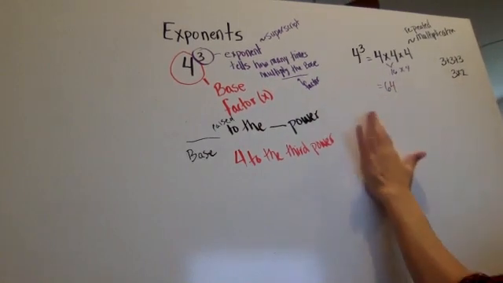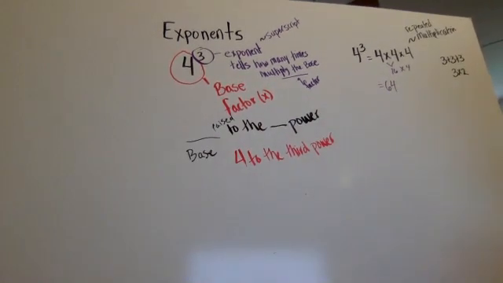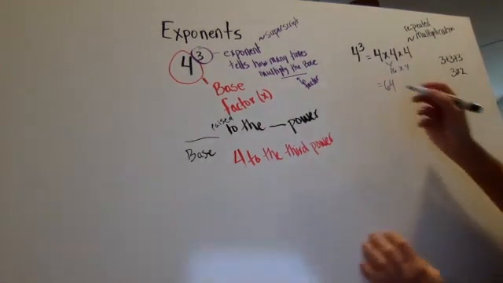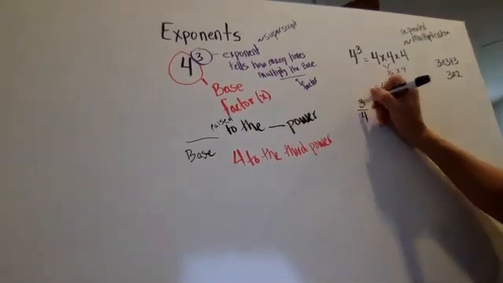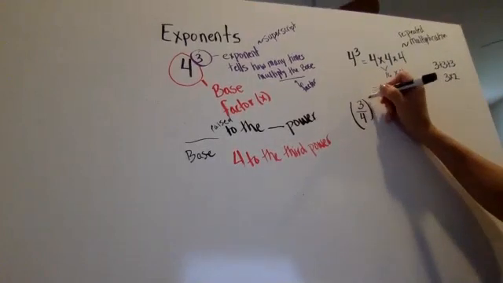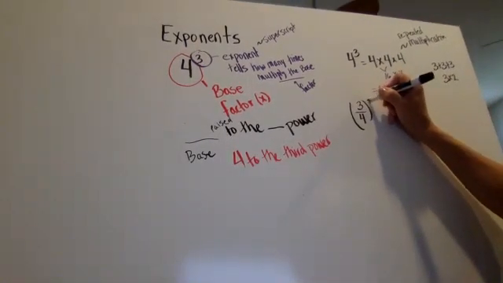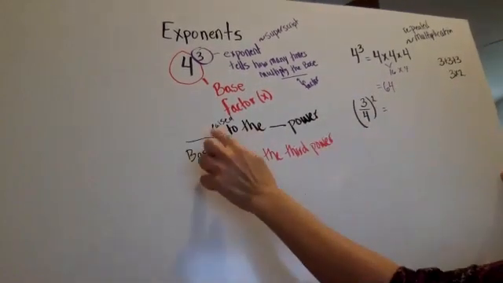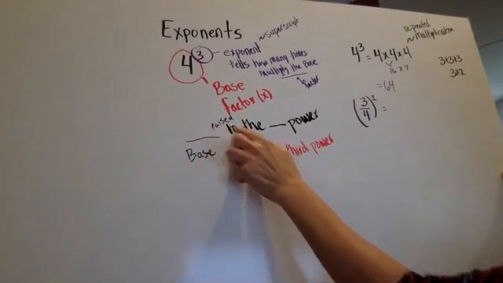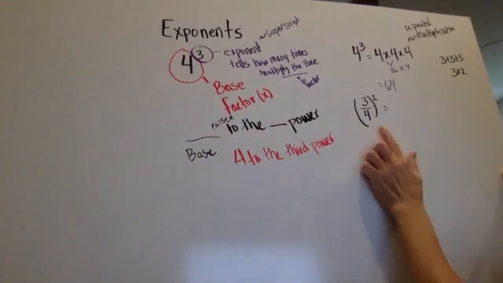I can use exponents on whole numbers. I can use exponents on fractions. I can use exponents on mixed numbers. So if I had 3/4 raised to the 2nd power, I would say it as 3/4 raised to the 2nd power.